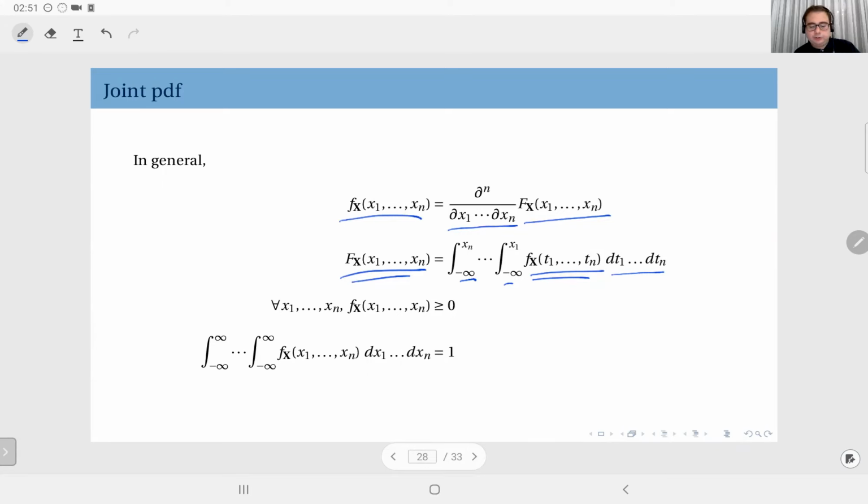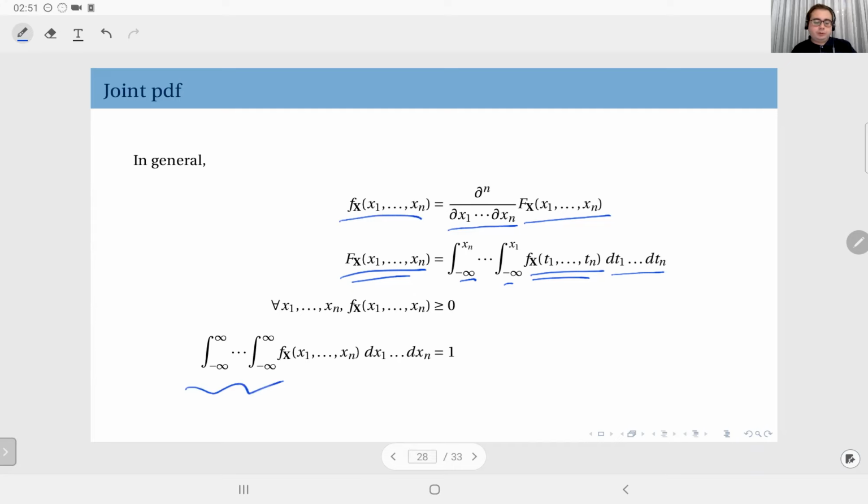And of course, the joint PDF also, as with the PMF and the CDF, satisfies the properties of the general PDF. Remember, the PDF is a non-negative function and the area under it is 1. Now the area will be a generic term here because we are talking about higher dimensions.